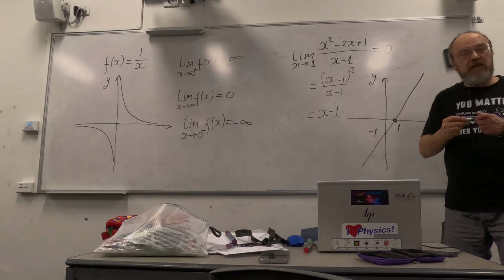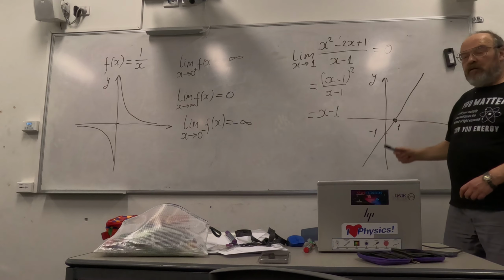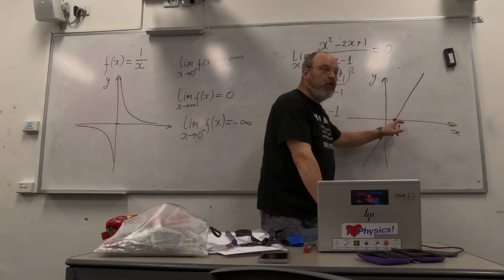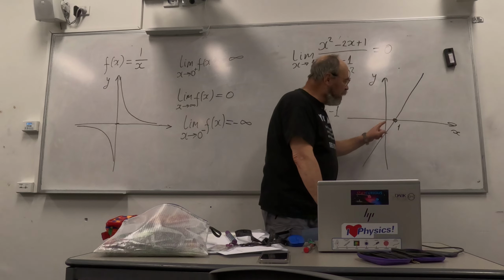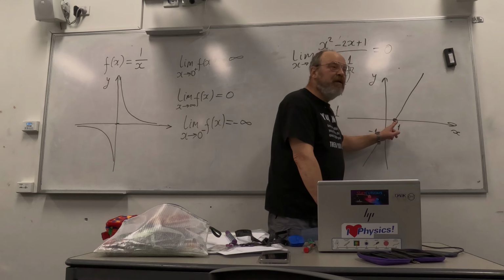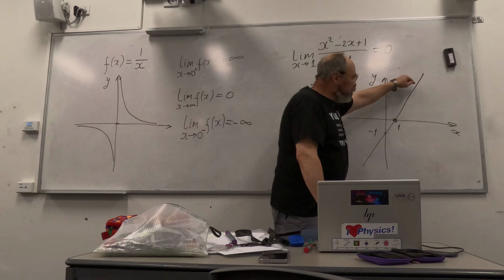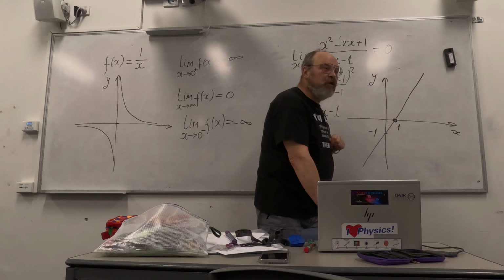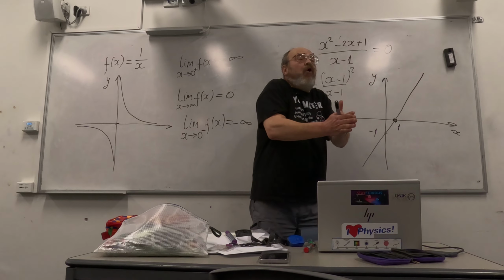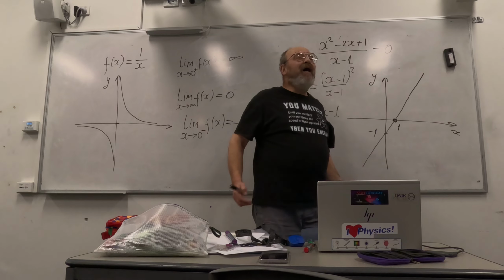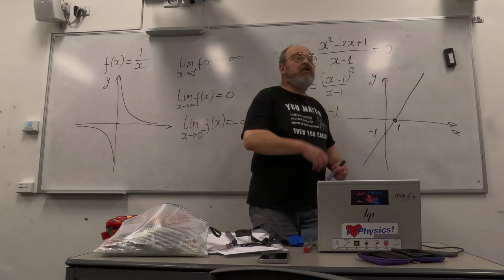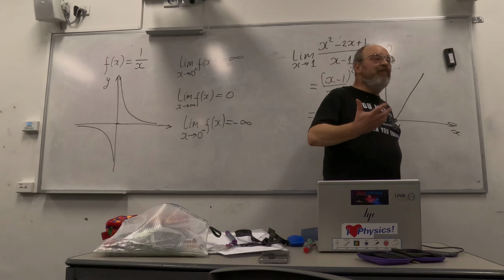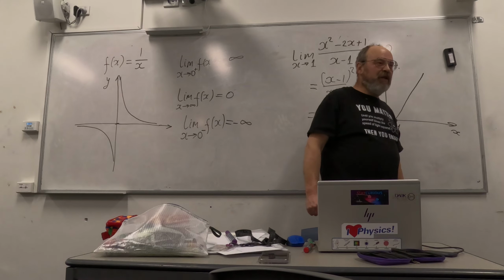The function does not exist, but the limit exists, because does the y value approach 0 when x comes to 1? From this side, x is coming to 1, and the function is approaching 0. So when x approaches 1, y approaches 0. It cannot be equal to 0, but it's approaching 0. That's what limit means. It's approaching.